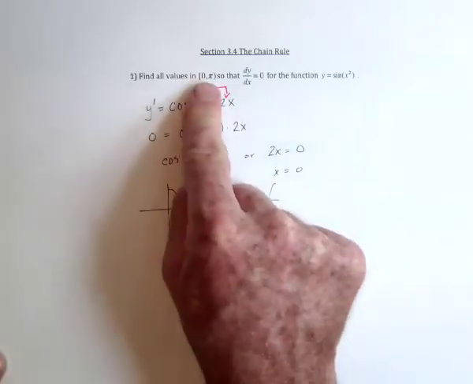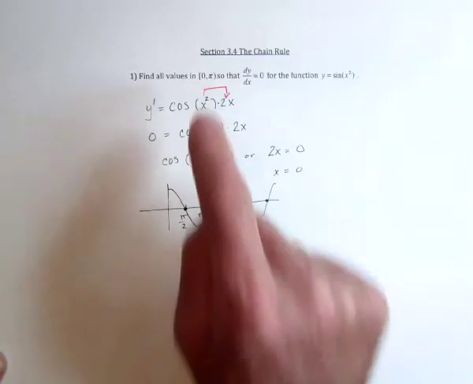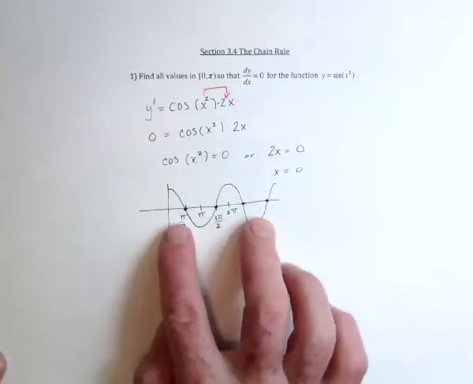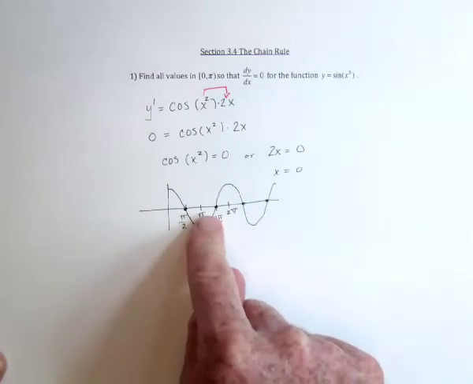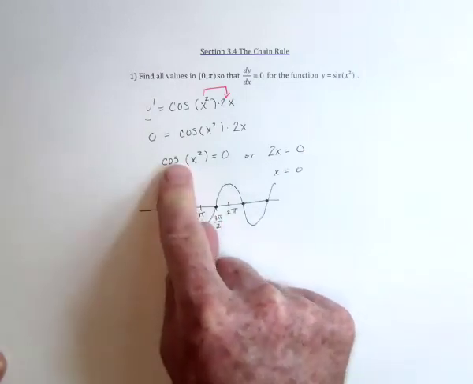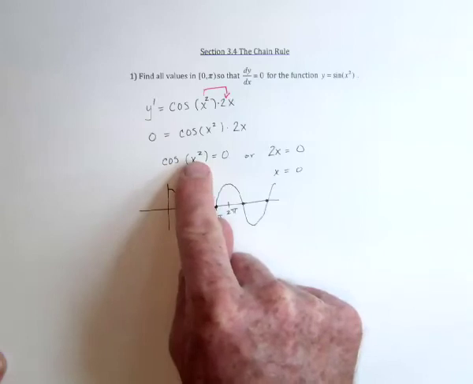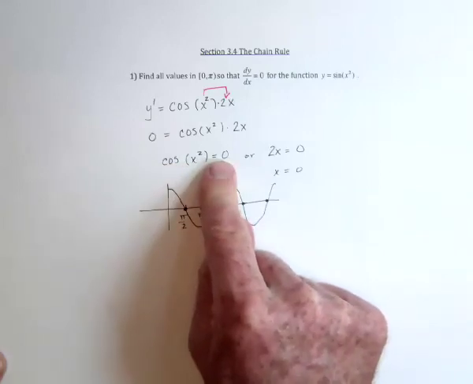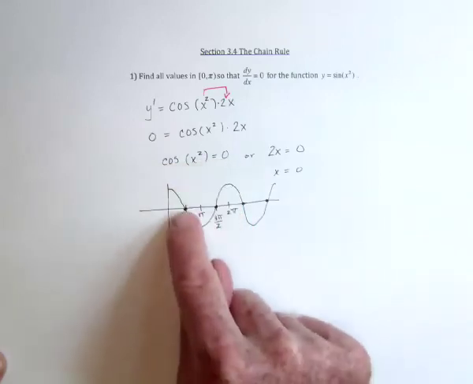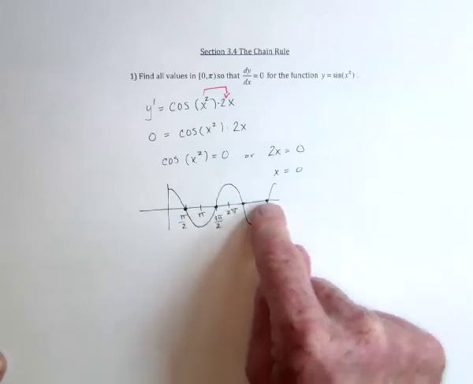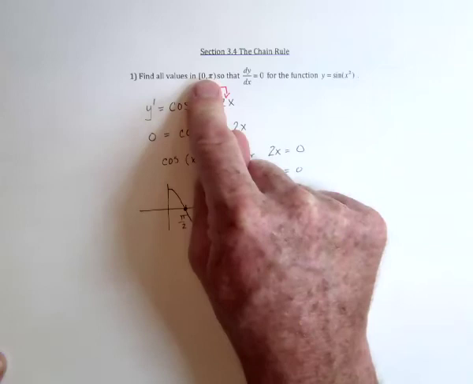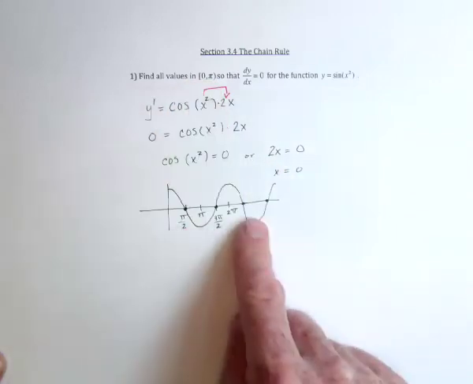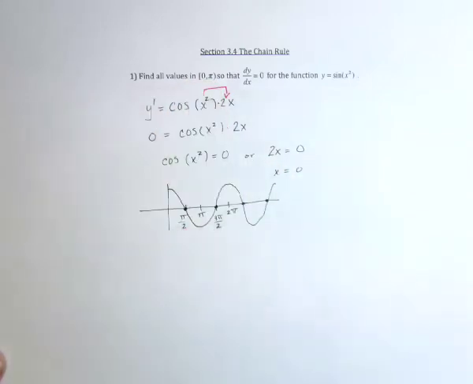This says work with the interval from 0 to pi, and you might think, well, you've already gone past pi, but this part right here, that's just for this which says cosine of something equals 0. So I'm just trying to find out, when does cosine equal 0? We then need to take a look at the original function on that interval and see how many solutions we should keep.